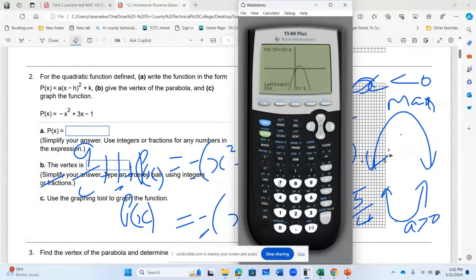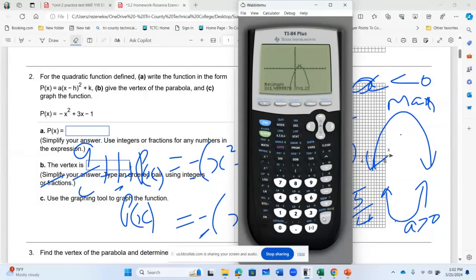And my calculator is asking me, is this the left bound? Yes. Select that. And I'm going to arrow to the right. Is that the right bound? Yes. Do I guess the maximum point for you? Yes. It's going to be some kind of fraction.